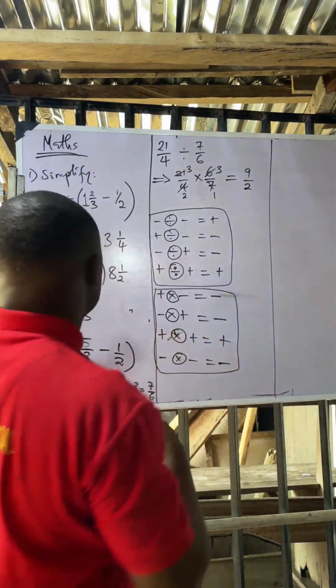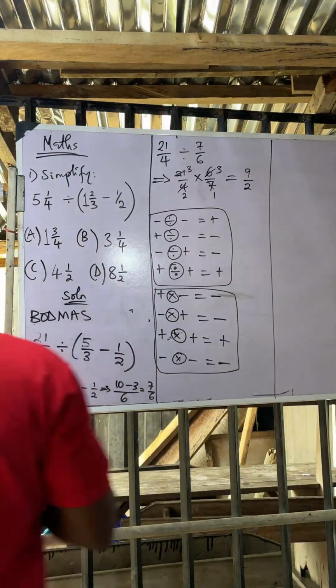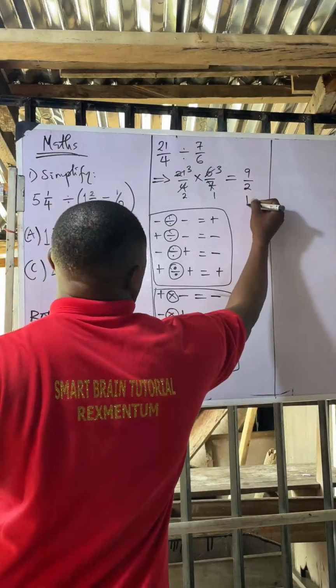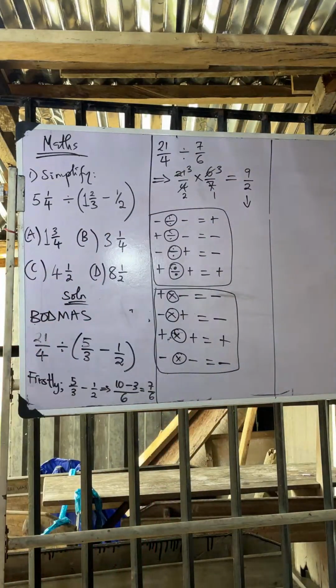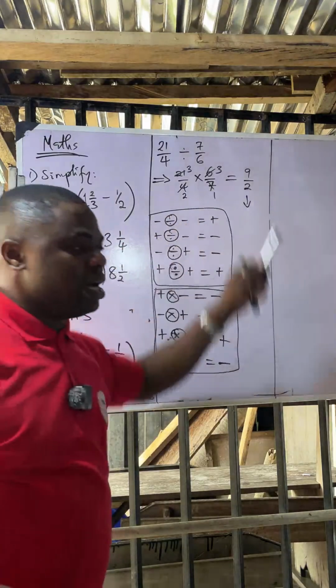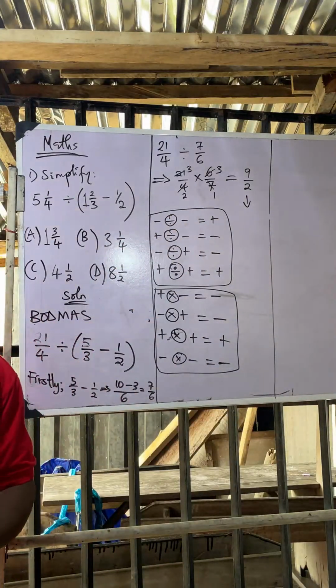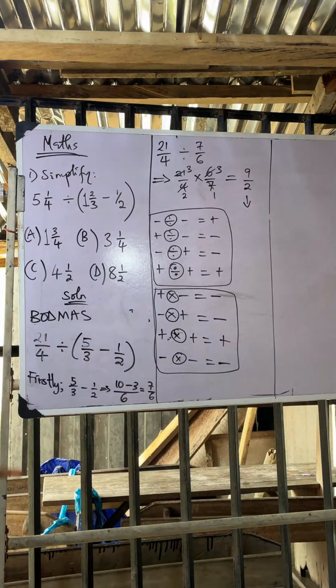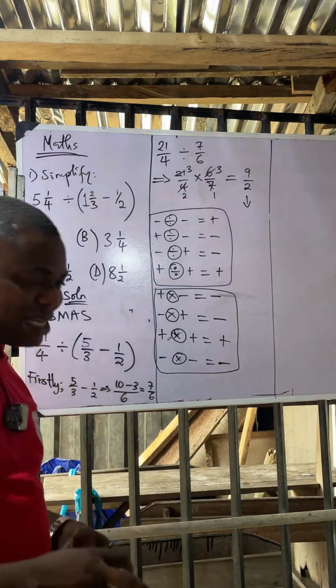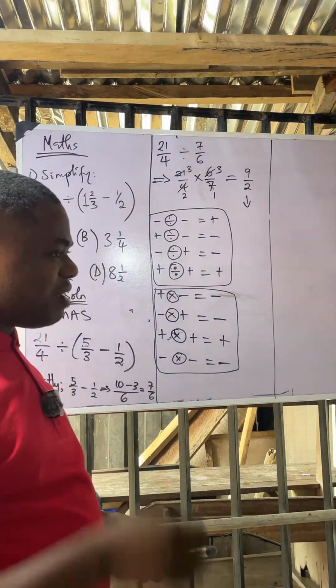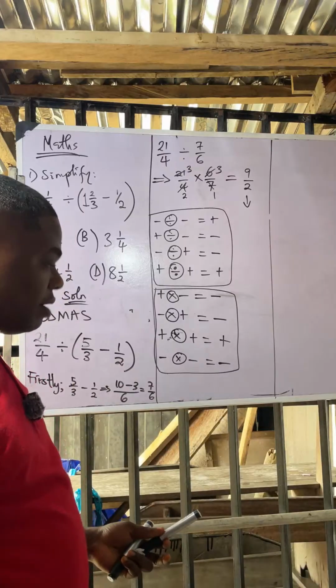But 9 over 2 is not in our options. So what do you suggest? Which other way can you present 9 over 2? What type of fraction is 9 over 2? Proper or improper? Improper, because the numerator is far greater than 2. Are you seeing it now?